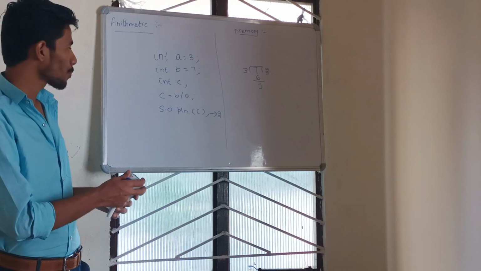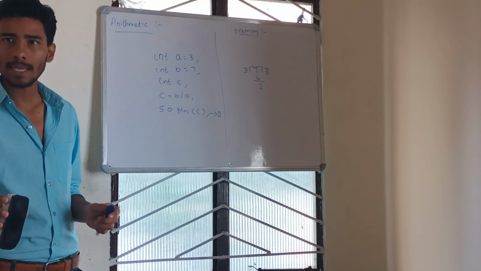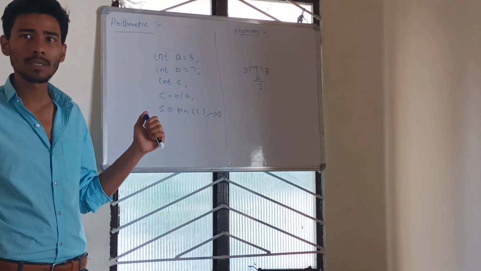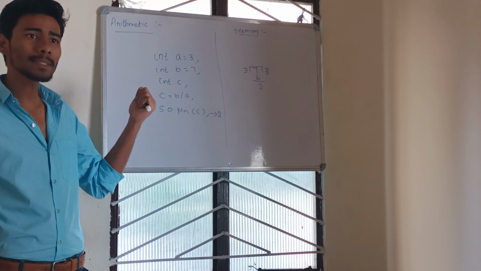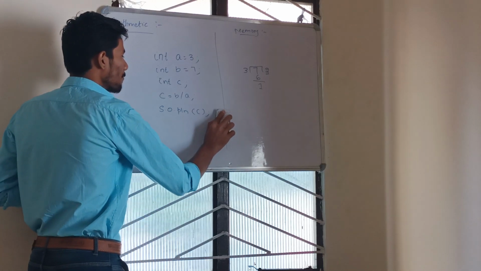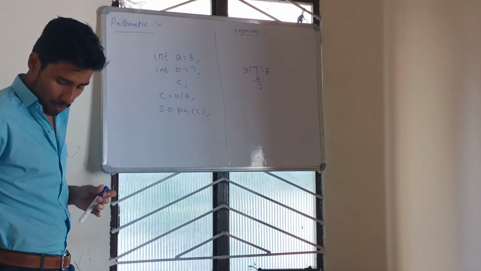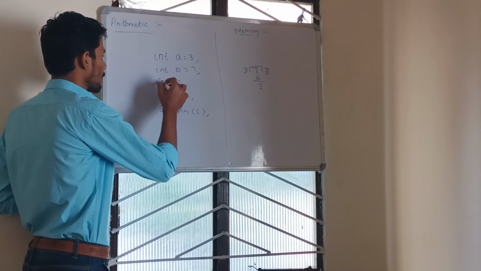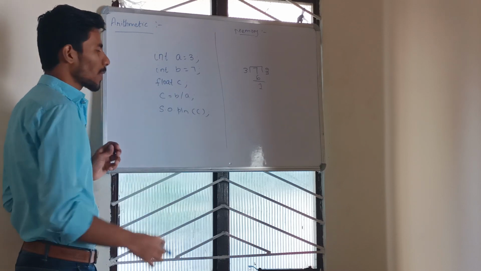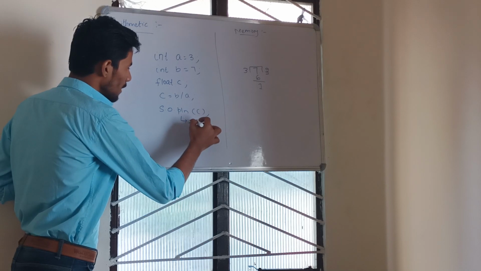For this, what will be the output? 2. Is it clear? Why are we getting 2 here? Because everything is int. Now, if I take this as only float, then what will happen? We will get the output as 2.0.